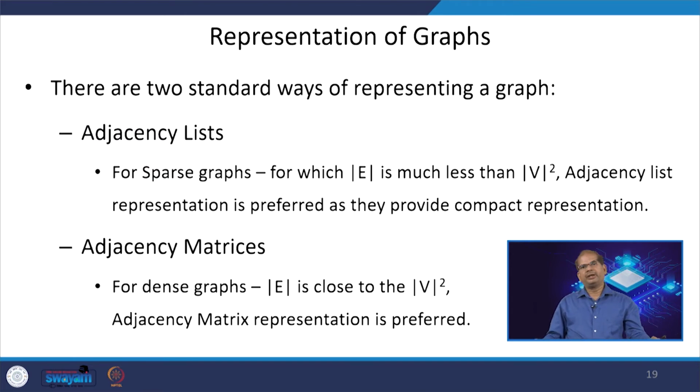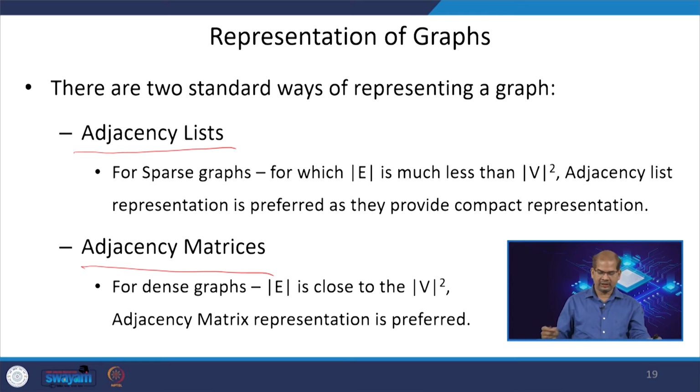So, now we will look into how we can represent the graph in terms of some form of a data structure such that we can process it and do different operations on it. There are two standard methods used to represent a graph, one is called the adjacency list, and the other is the adjacency matrix. The adjacency list is preferred for a sparse graph, for which the number of edges |E| is much less than |V| square.